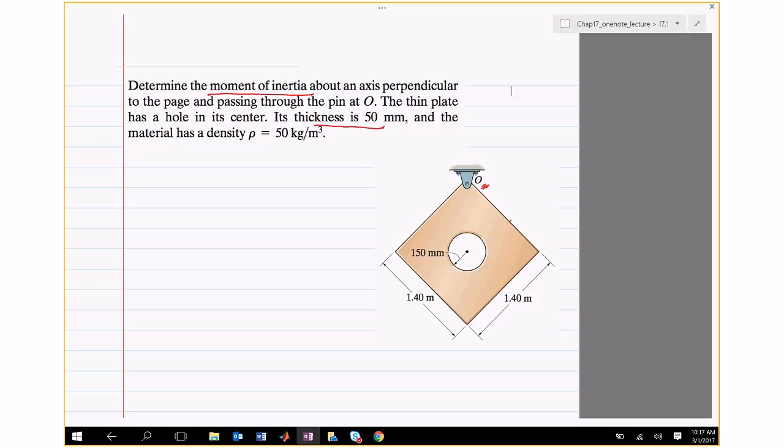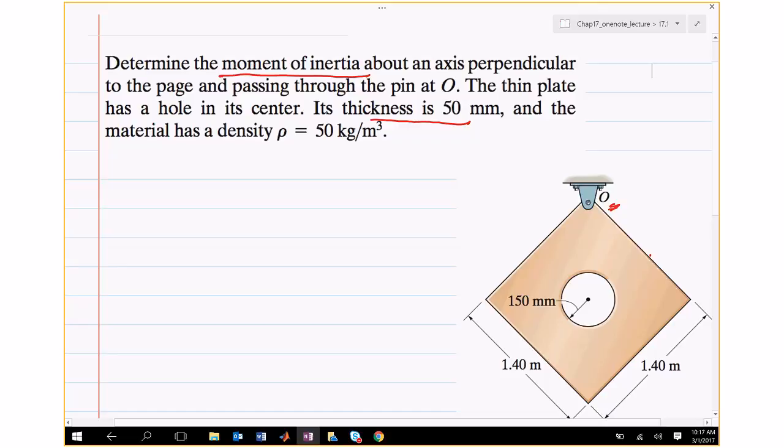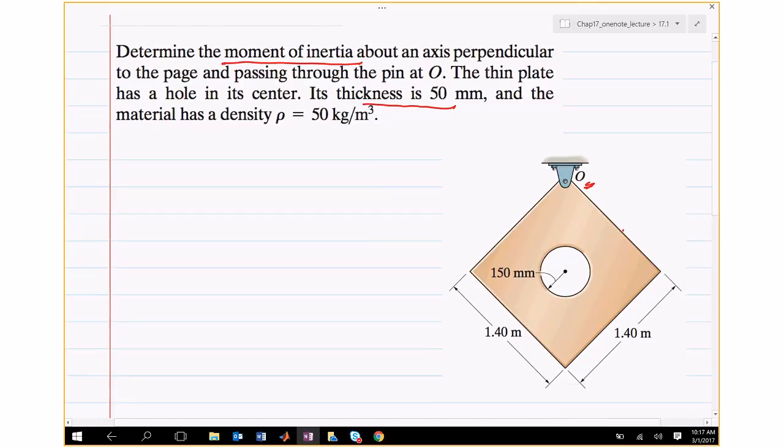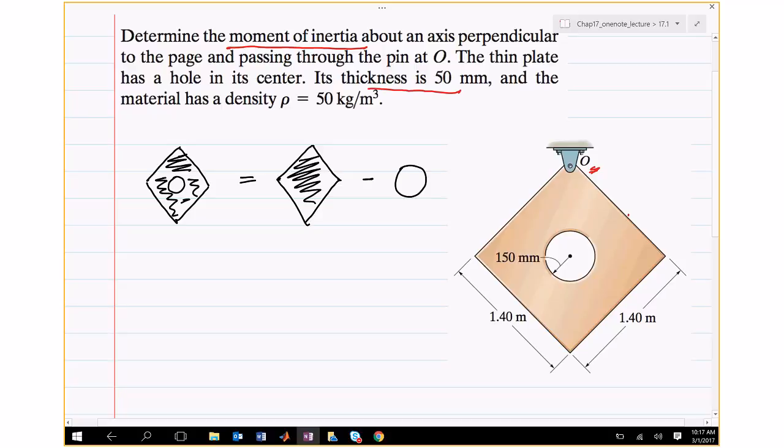So for example, in this case, you can think of this composite body, so this is the body of interest, as consisting of the plate without the hole minus the hole.